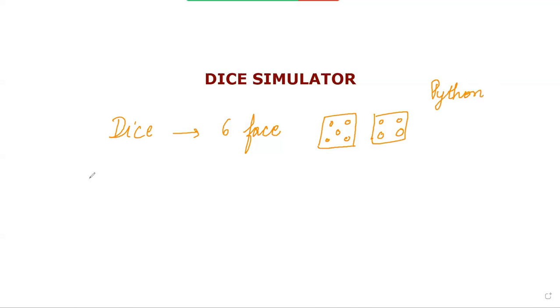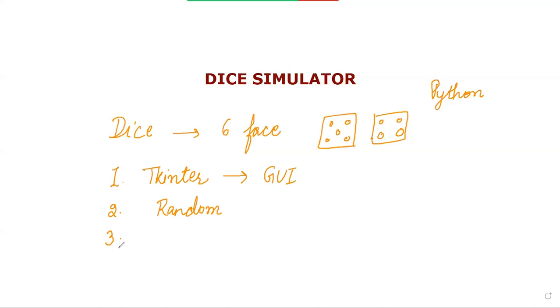Now, first of all, what do we need for this project? First is Tkinter. Tkinter is a module with the help of which we are able to make the graphical user interface. Secondly, we are going to import the random module, because a computer randomly generates a number.